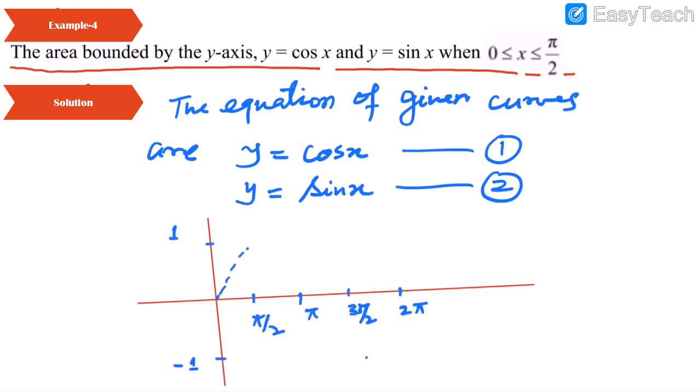First we draw the sine function. The highest value of this is at pi by 2, and sine is 0 at pi, and the lowest value is at 3 pi by 2, and it's again 0 at 2 pi. So this is the graph of sin x.